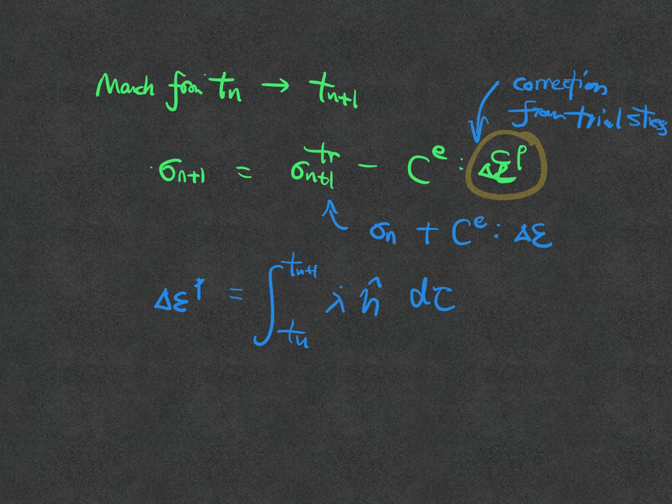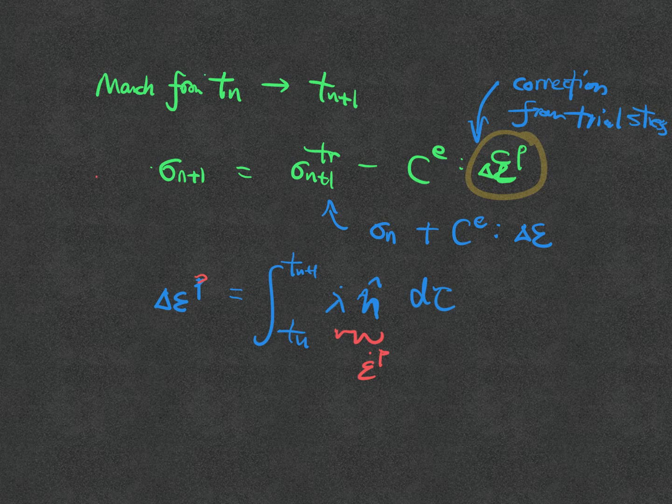Why is this equation correct? Lambda dot n is simply epsilon dot p, right? So this whole thing is epsilon dot p. If I integrate in time, I should be able to get the change between the two time steps. Does that make sense?